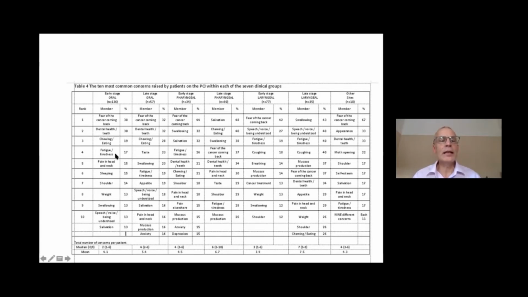And of course, in the early oral cancer, where the treatment is much more straightforward, you can see that actually only the top 2 are in the 30% or more. So there's a huge variation in morbidity associated with the stage and the treatment. And this is reflected not only in the PCI items, but also their frequency.